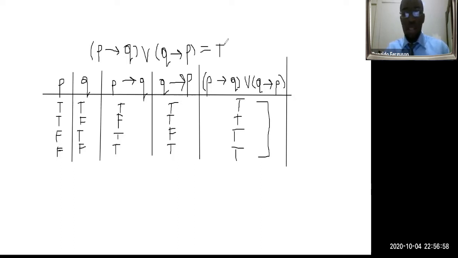But it did not want us to do it using a truth table. It wanted us to do it using laws of algebra of propositions. So let's use algebra of propositions to do this question.